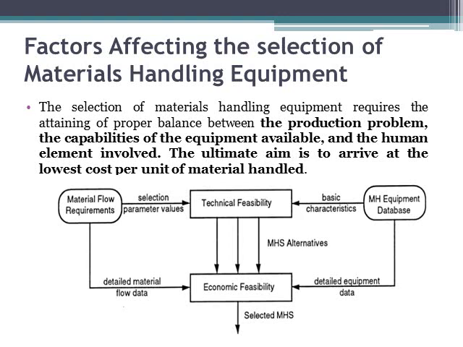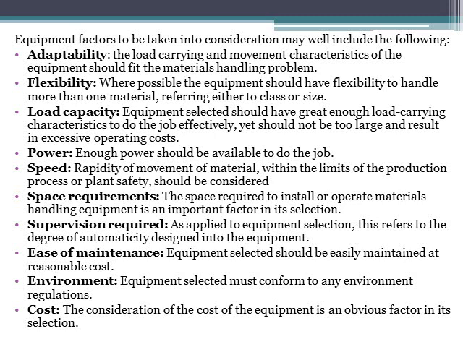By checking all the technical feasibility, we will come up with some alternatives, and by checking each alternative in detail for economic feasibility, material flow rate, equipment data, etc., we will select the best material handling system possible. So, based on these parameters we will choose the equipment.